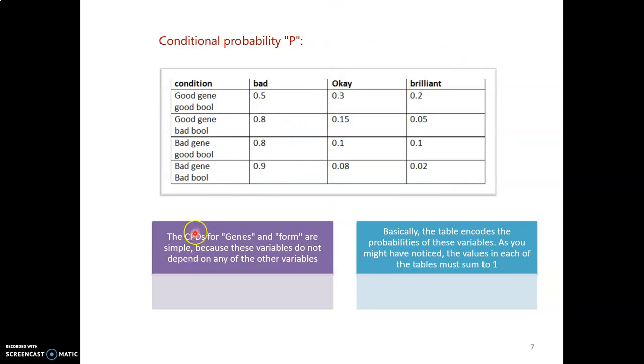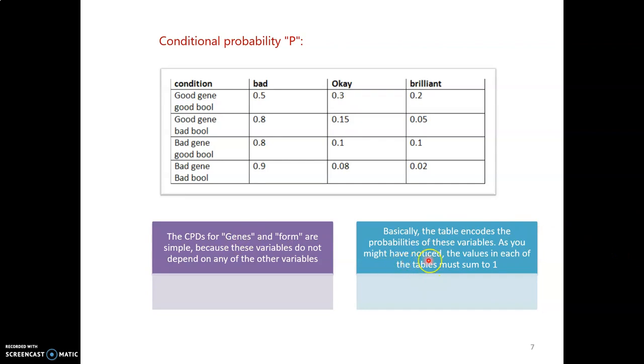Here the probability distributions for genes and form are simple because these variables do not depend on any other variables. So basically the table encodes the probability of these variables.